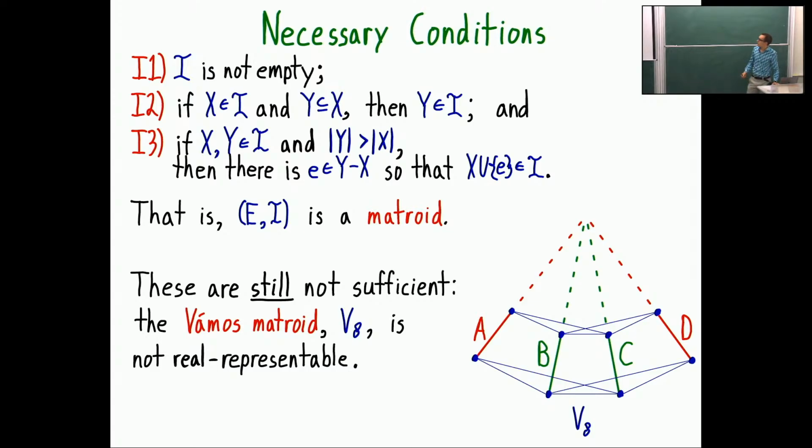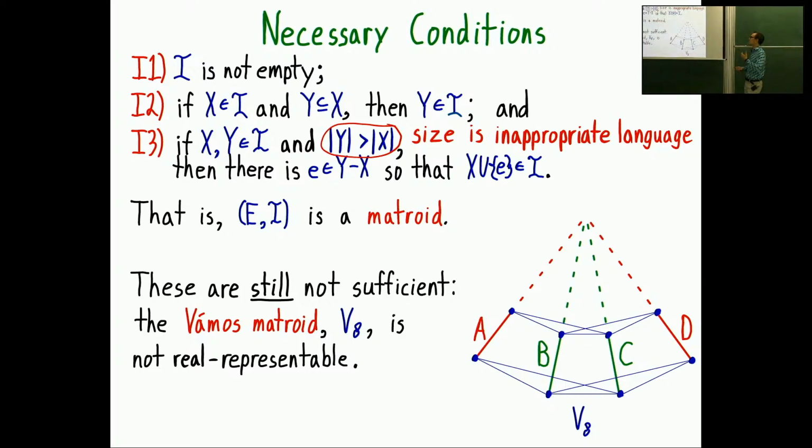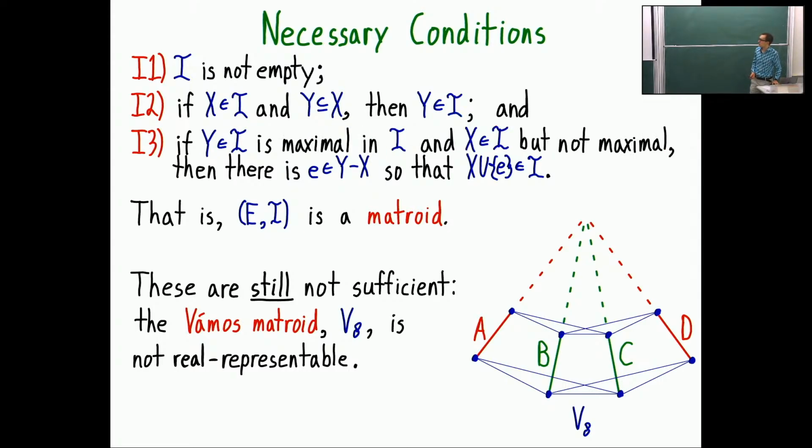Note the third condition, for example, already talks about size. We think about this problem, but size is not really a set condition and doesn't talk about independence. But we can, in fact, replace this third condition with something in the language of independent sets, and you can write this precisely with logical language.